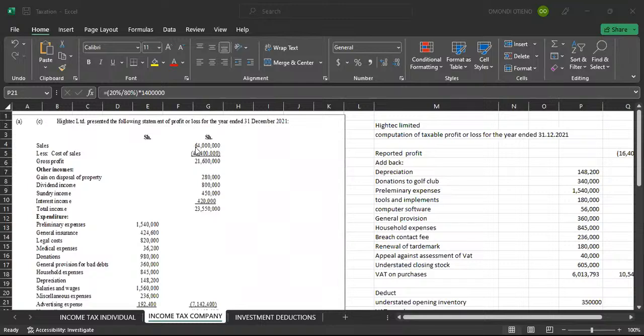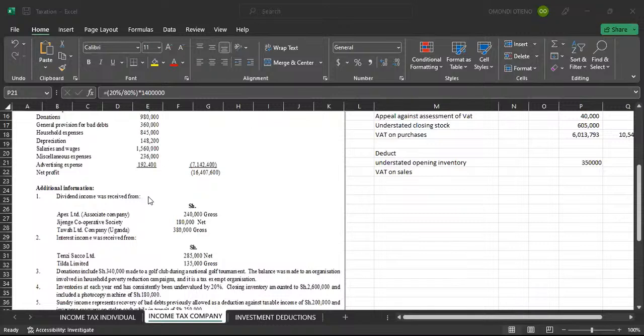That is, if we remove VAT from this, gross profit will reduce, which means it was exaggerated. So we want to do away with the exaggeration, we can now reduce that.